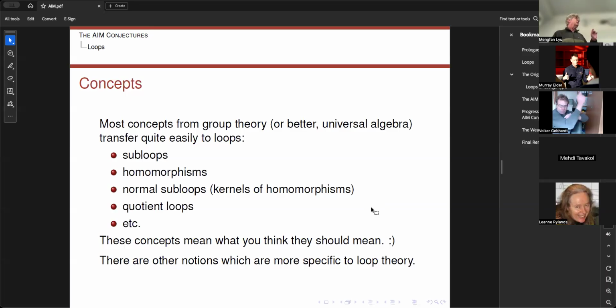But if you think about it just in terms of the kernel of a homomorphism, then you're fine. That gives you exactly what you want. Quotients and so on. This is basically all stuff coming really from universal algebra and realized in this particular setting. Now, there are some notions that are specific to loop theory, meaning that they have no analog in group theory. And let me show you a couple of examples of that.